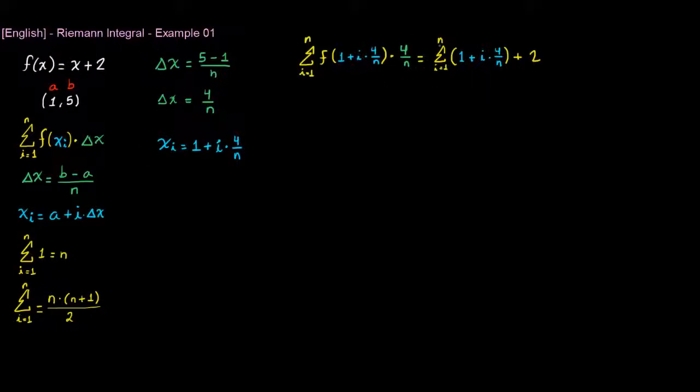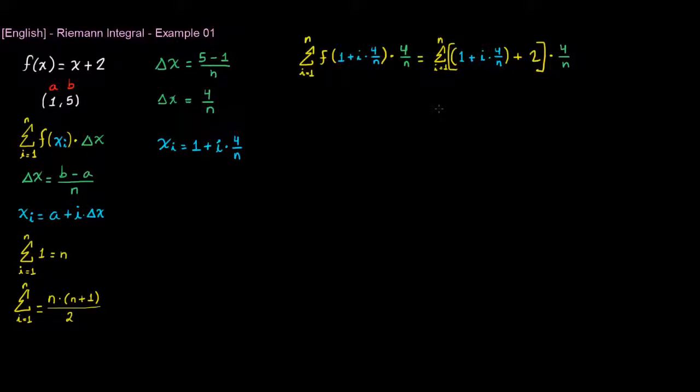Now we've got to multiply all of this by 4 over n. So I'm going to use a bracket, times this 4 over n, which is delta x. I'm using this formula here: this is the delta x, which stands here as 4 over n. Substitute the x of i in f of x. So let's keep moving here.